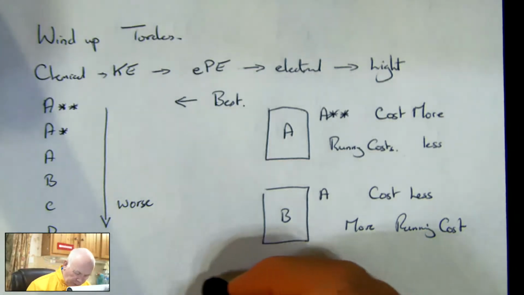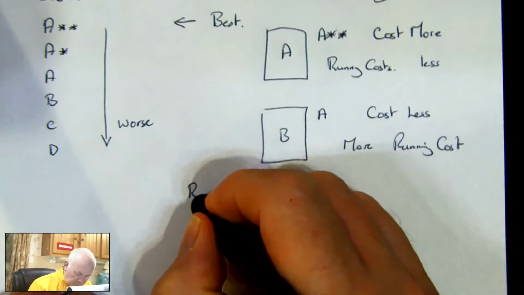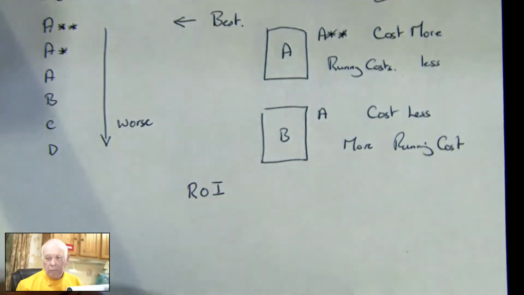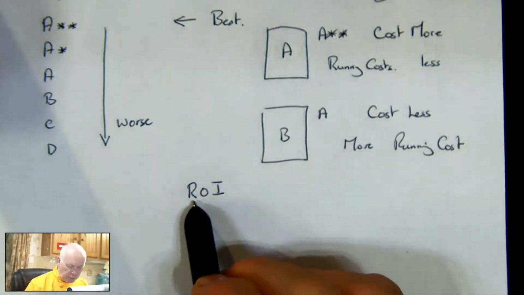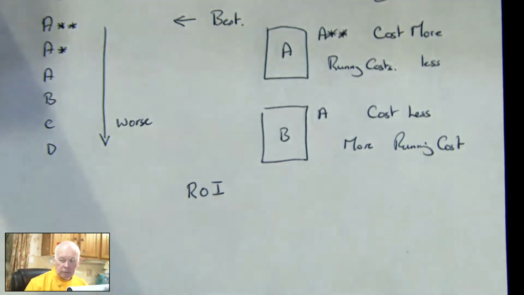We have to look at where we get this number called ROI, return on investment. How much money do I have to put in to get out?